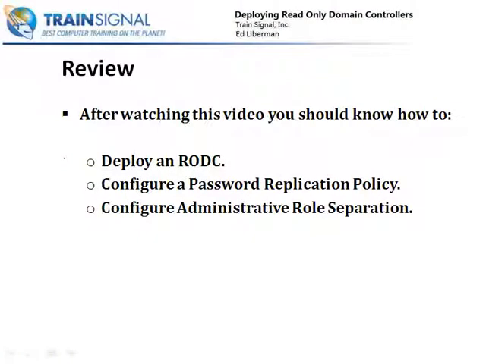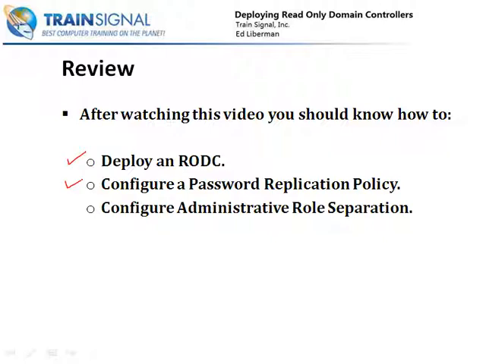Well, not only is that everything we need to see on our read-only domain controller, but that's pretty much it for this video. So at this point, you should now know how to deploy an RODC. And as you saw, basically it's the same thing as deploying any other domain controller. It's just one checkbox that you check saying, hey, I want to be read-only. You should also now know how to configure a password replication policy.